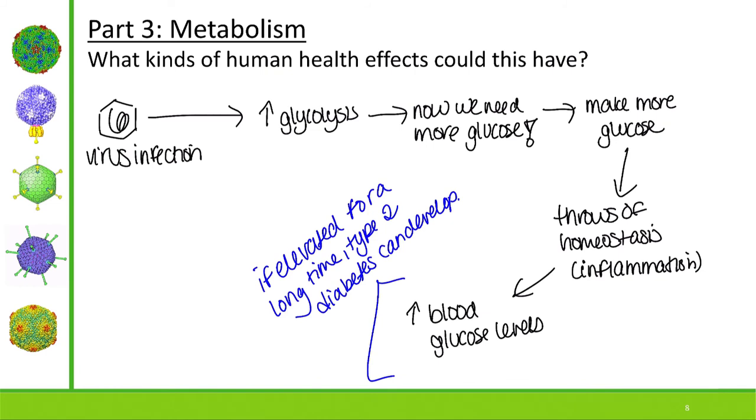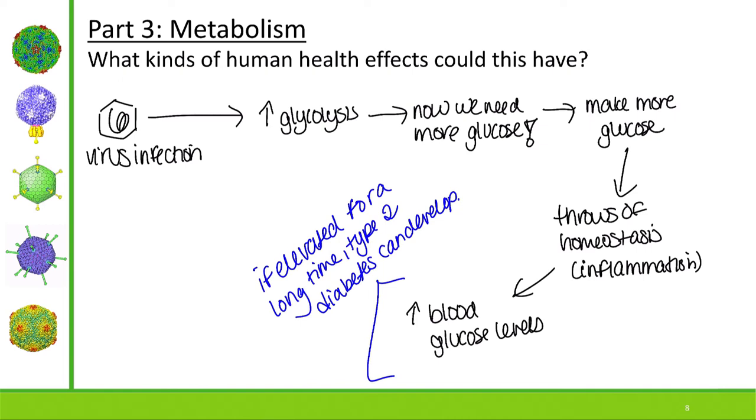So again, it seems like a very simple thing. A virus infects, goes through the entire reproductive cycle that we've been talking about. So it increases glycolysis for a little bit. No big deal, right? Until you have hepatitis B and hepatitis C, which have very long infections.